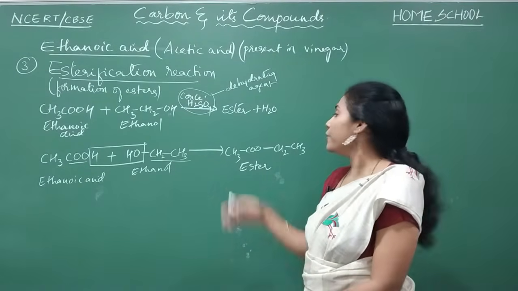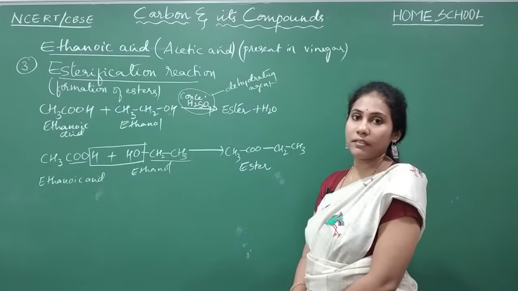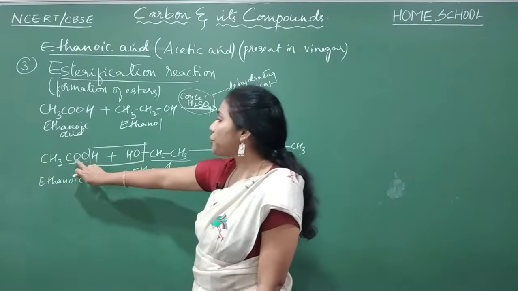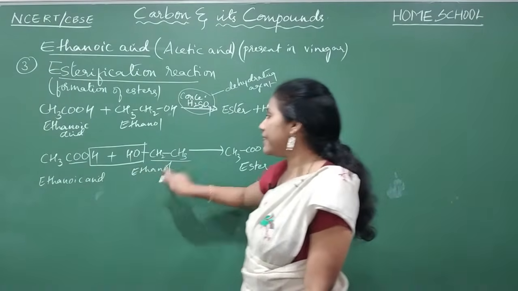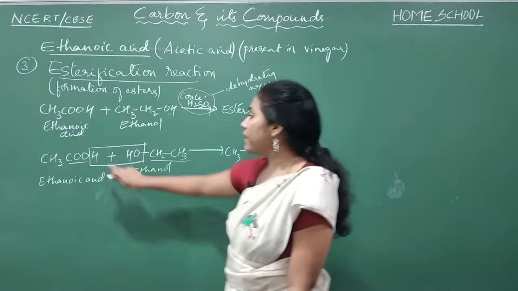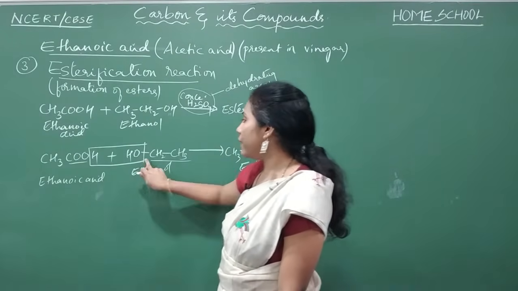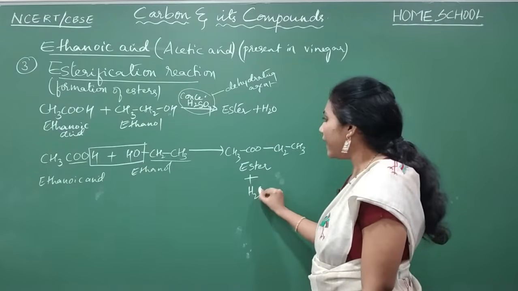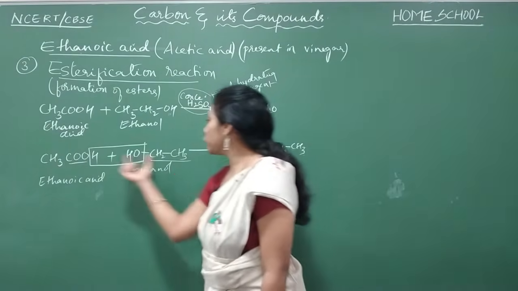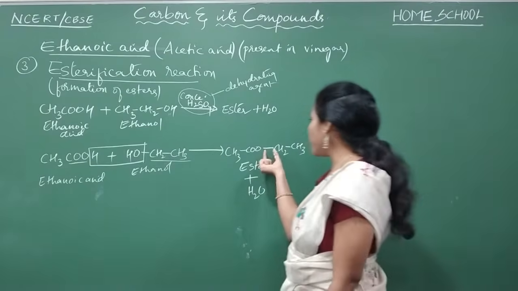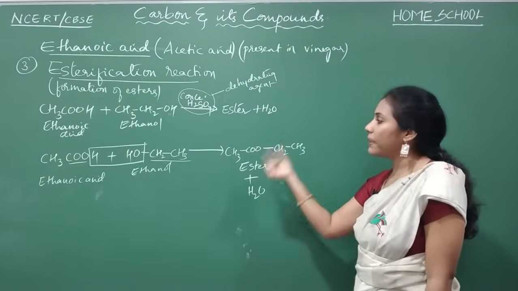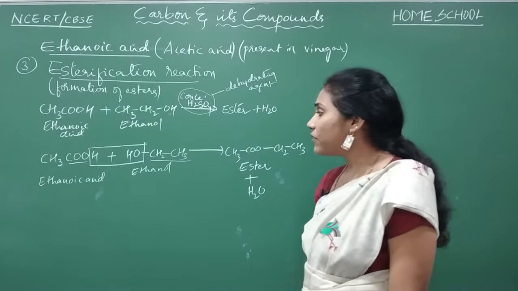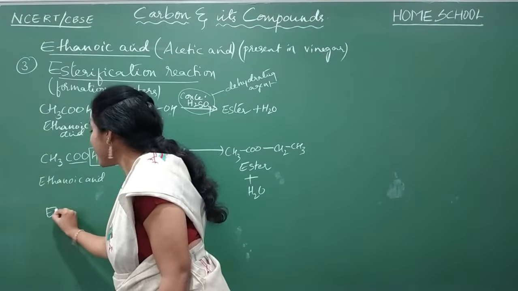Clear, everybody? See, you no need to mug up the structure here. Okay, what you have to do, you should know the structure of ethanoic acid, ethanol. Just remove H of ethanoic acid, OH of ethanol. Remove them as water. Okay, this part, join it with this part with the help of a bond. It becomes your ester.